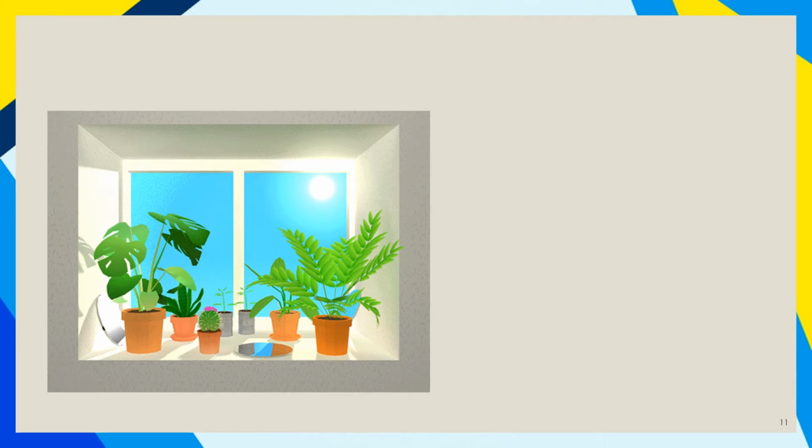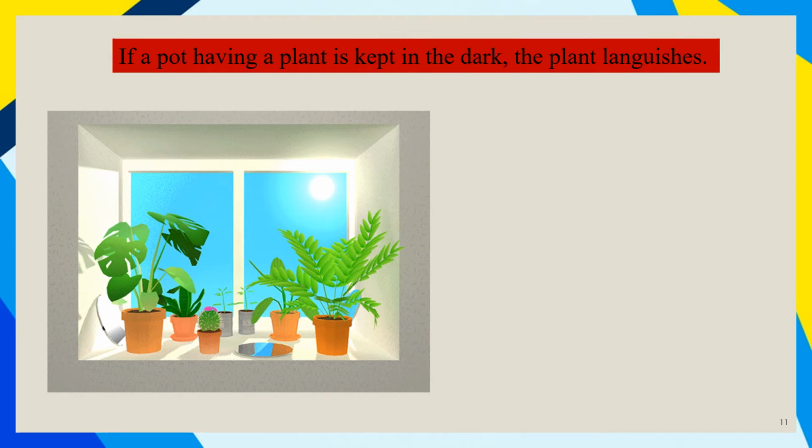Now you must be having plants at home, or if you don't have, you must have seen people planting their trees or pots, and if you notice, they keep it in the sun. Normally outside in a place where they get plenty of sunlight. Now, if you put this pot for a longer period of time in a dark region, what will happen?